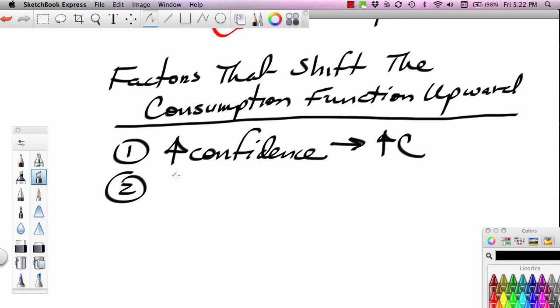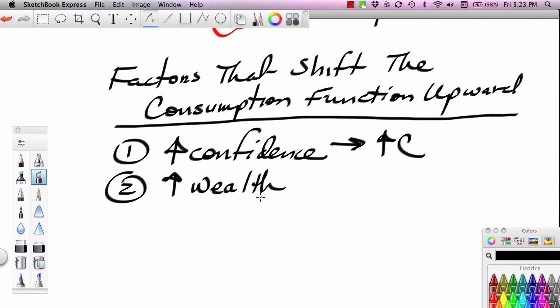Another factor, increase in wealth. Wealth, again, is not income. Very, very important idea. I have funds in a retirement fund. The value of that retirement fund is not my income. I have saved for over 25 years. I have funds in this retirement fund, and that does not equal my income. My income is the amount I'm paid for my services in this year.